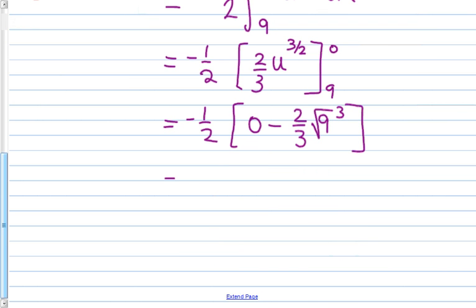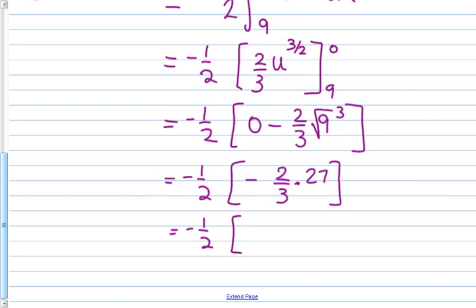Okay, so let's see here. So this is going to be negative. Now the square root of 9 is 3. 3 cubed is 27. So 2/3 times 27. Okay, so I can cancel out. There's 1 here, and then there's 9 of them here.